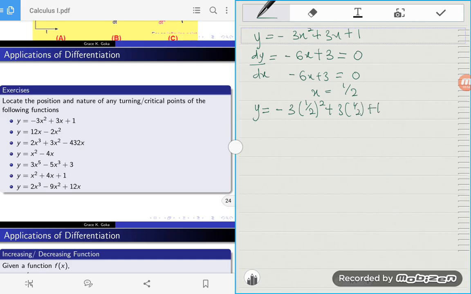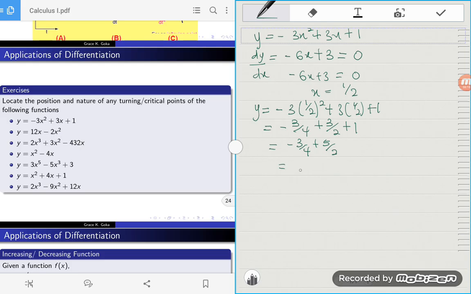So this is equal to minus 3 over 4 plus 3 over 2 plus 1. So this is equal to minus 3 over 4. This whole area is going to give us 5 over 2, so plus 5 over 2.